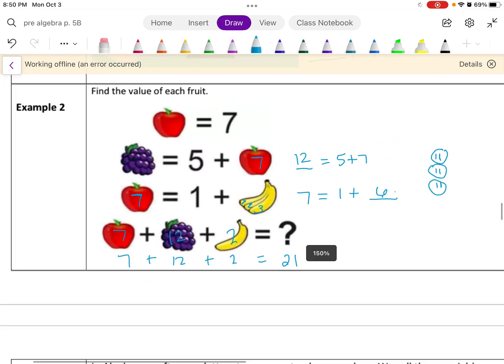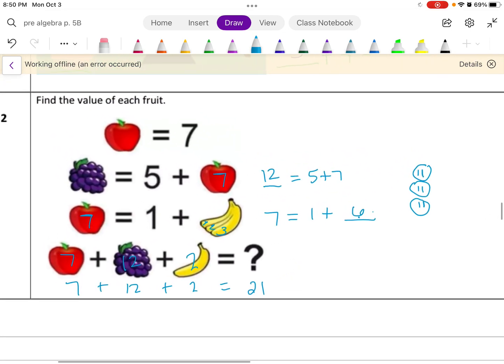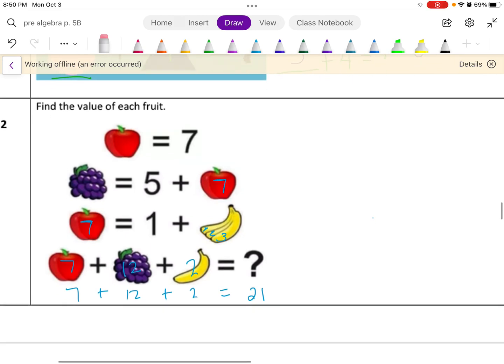Okay, so these are examples where we were trying to figure out an unknown value. We could also use variables. So we used pictures in this shape and fruit example, and we used blanks in our warm-up problem. But let's say we used A for apple, G for grape, and B for banana. Another way to write these equations would be A equals 7.